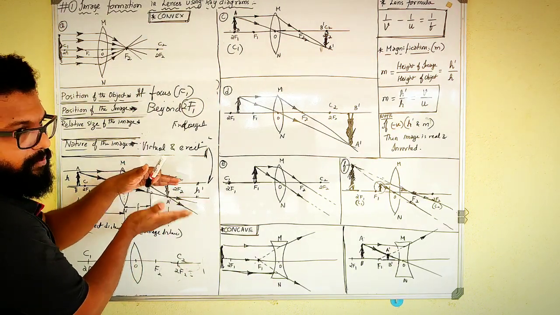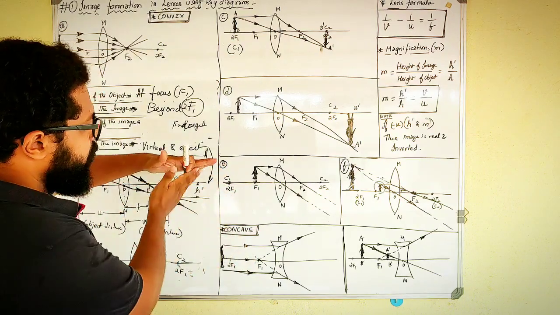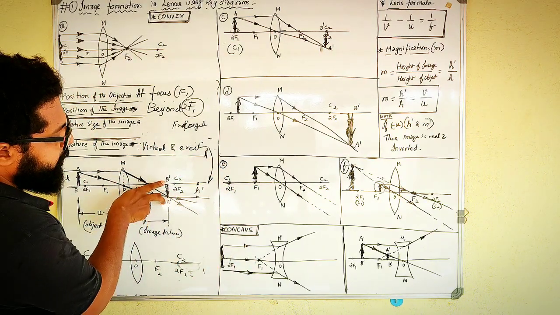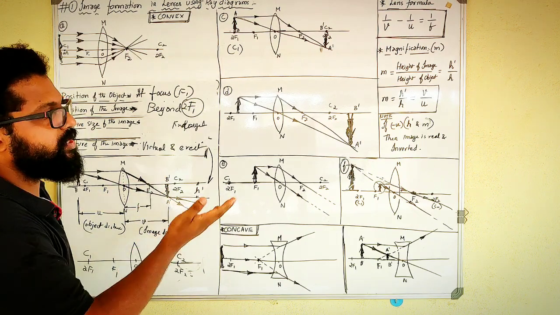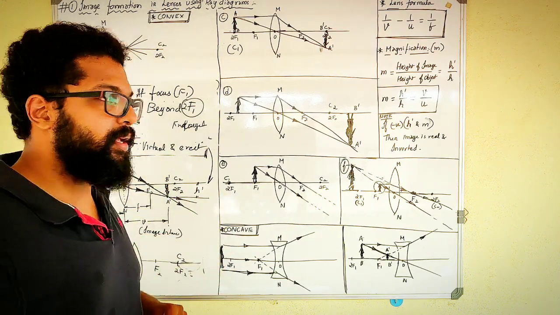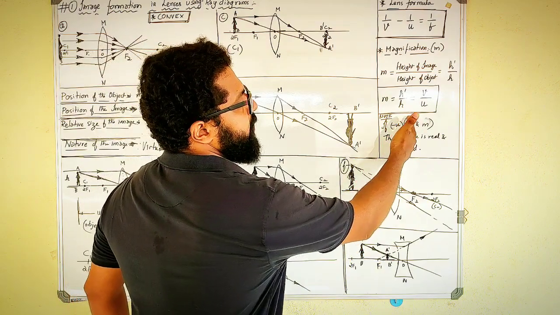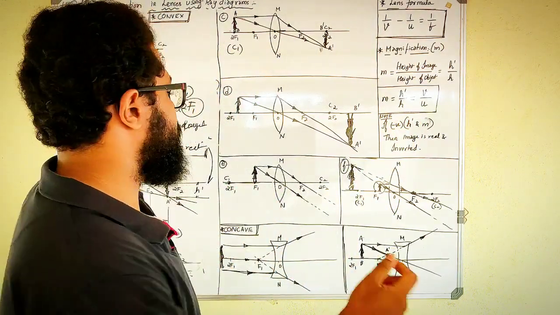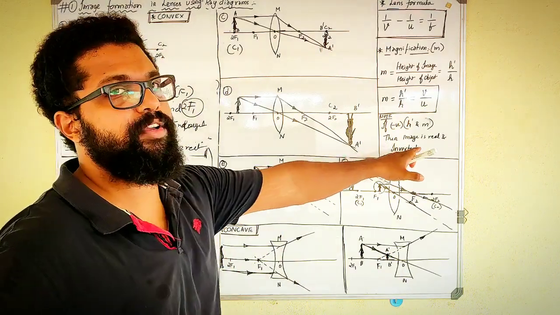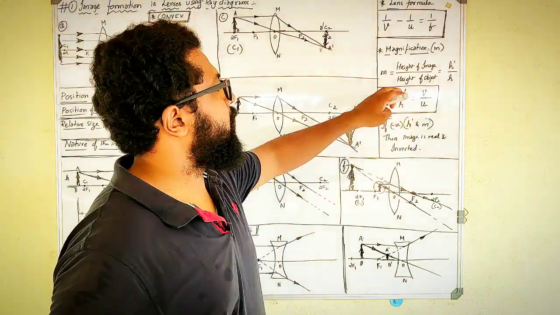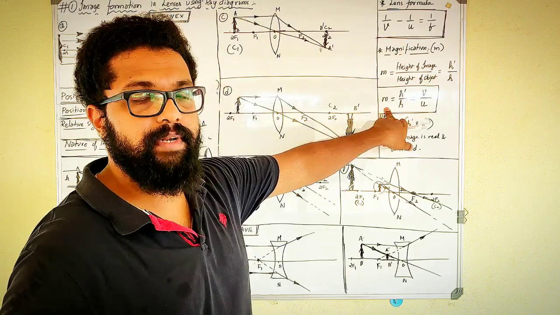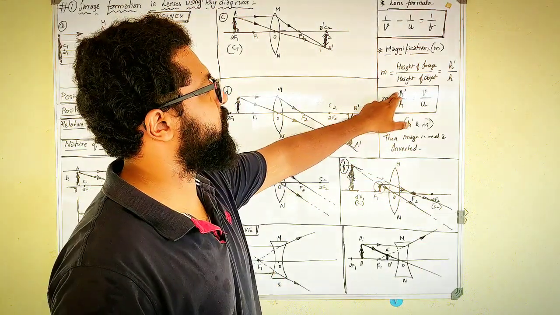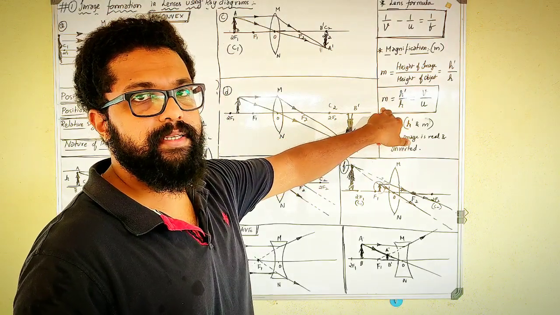It is negative means it is below that line, below this line. The height, this one is negative. If it has to be below this, the image has to be inverted. Agree? So if the height H dash of the image is minus, the image is real and inverted. Once again, if magnification is negative, it is also real and inverted, because if H dash is minus, M will also be minus or negative.